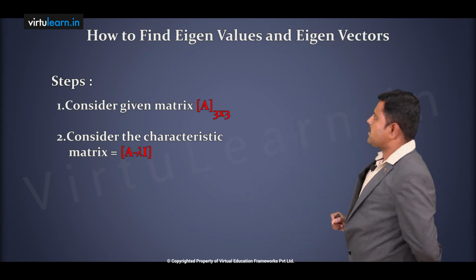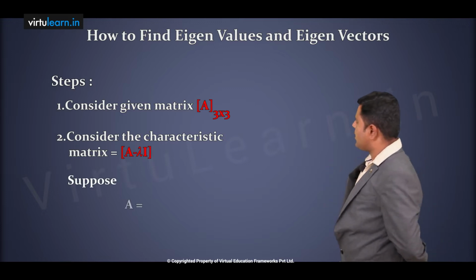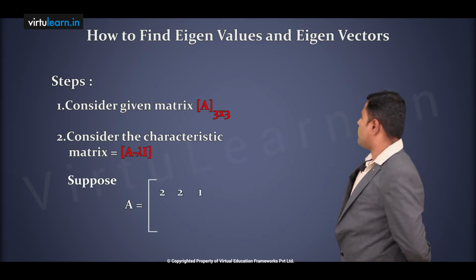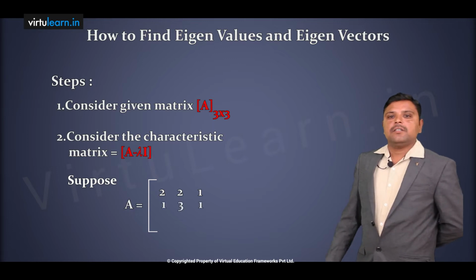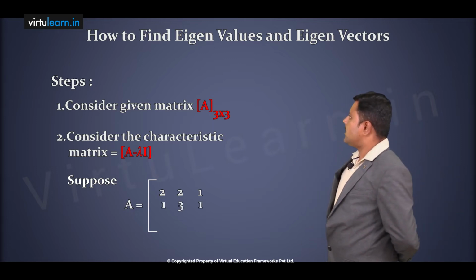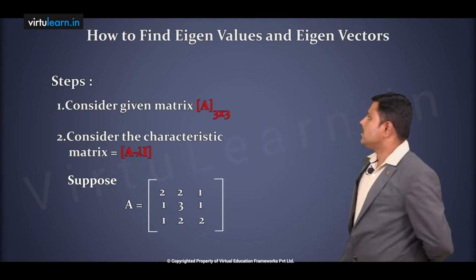The given matrix A, suppose you take one matrix A equal to 2, 2, 1, 1, 3, 1. Next, third row is 1, 2, 2. Now, this is our matrix.